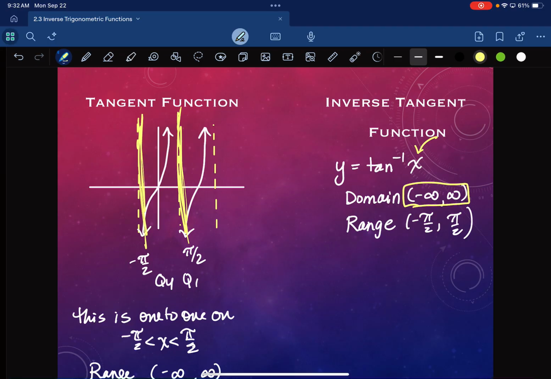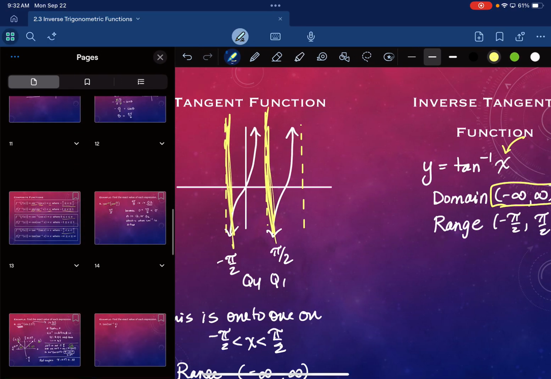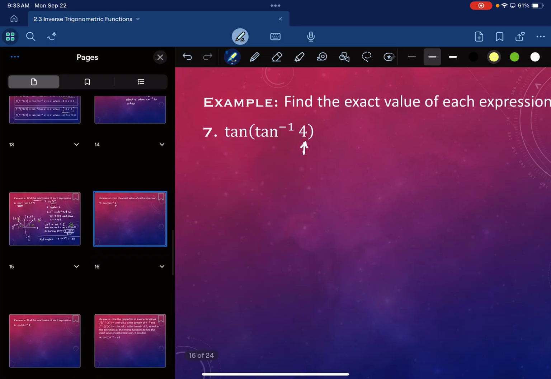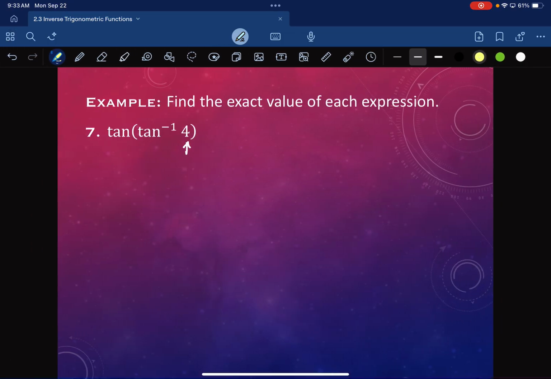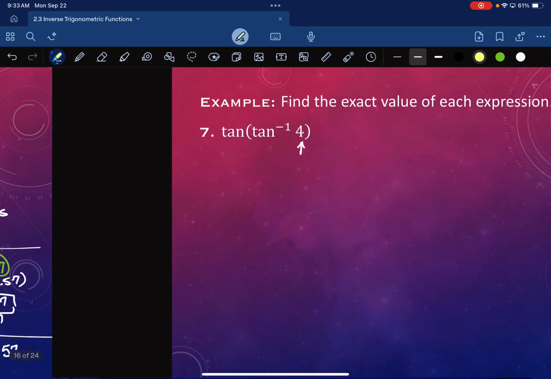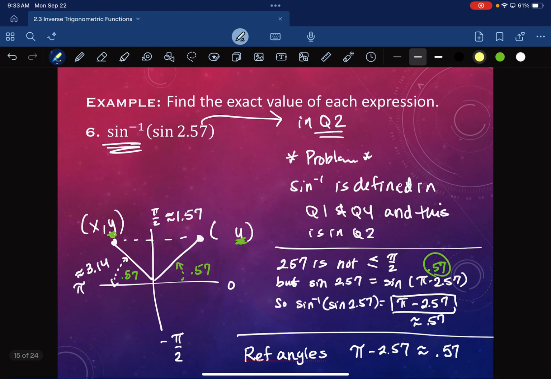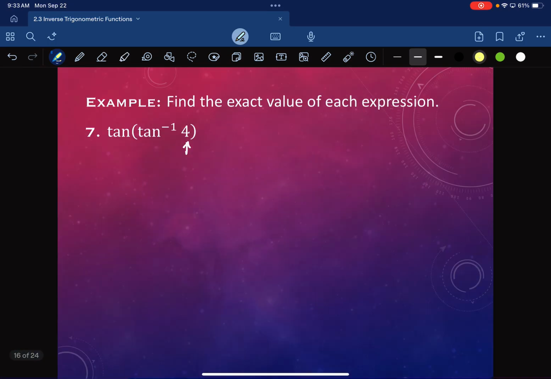Okay? So when we're taking a look at this new one that we're on, this value is fine. There's nothing wrong with 4, right? We had a problem on the last example with 2.57. That was a problem. It's not a problem for the number 4, because for tangent and for cotangent, we have infinitely every possibility for an input value. So this works just fine.